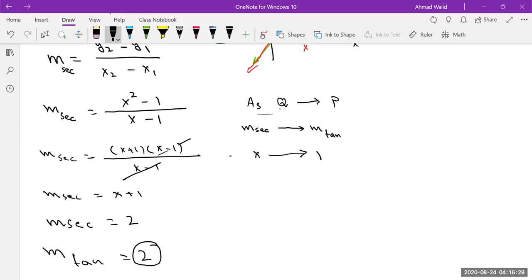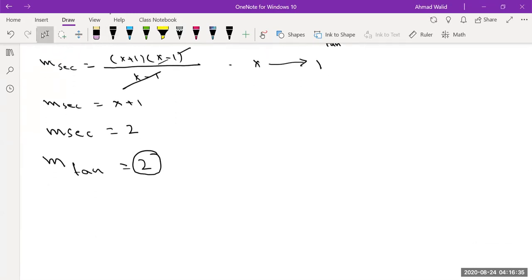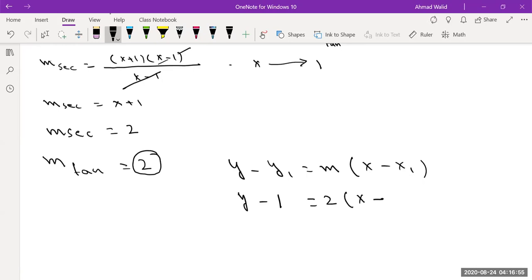You have the slope and 1 point on the graph. Isn't it easy to write the equation of the tangent line? It's a piece of cake now, right? What was our formula? Y minus y1 equals m times x minus x1. Your y1 was 1, m is 2, and x1 was 1. So y minus 1 equals 2 times x minus 1.